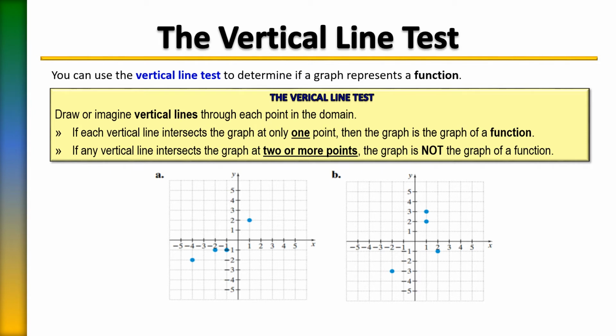However, if it touches or intersects that graph, that point, or that shape in more than one point, then it's not a function. So let's take a look at example A.